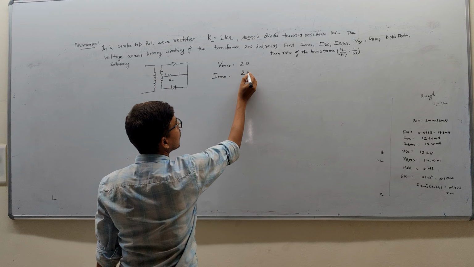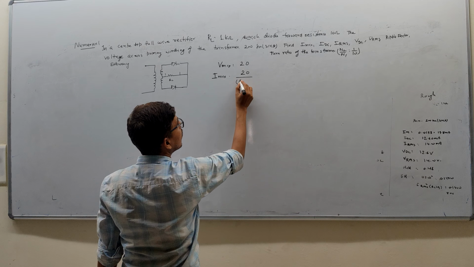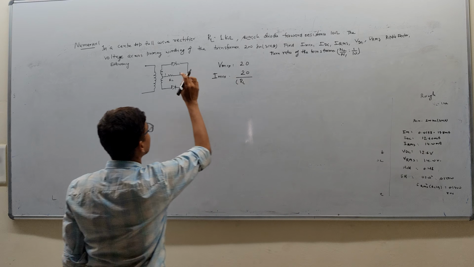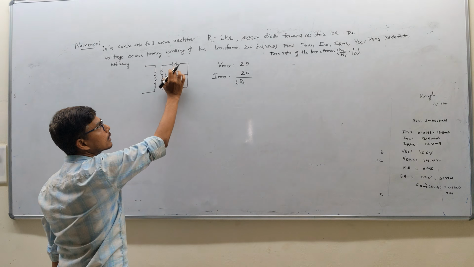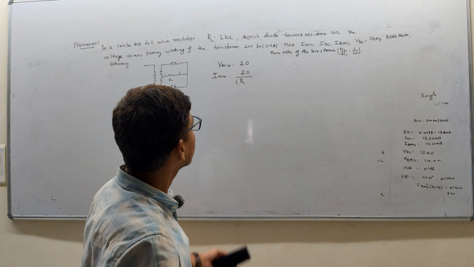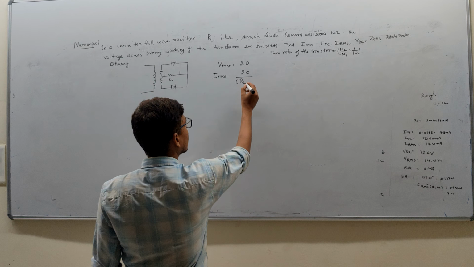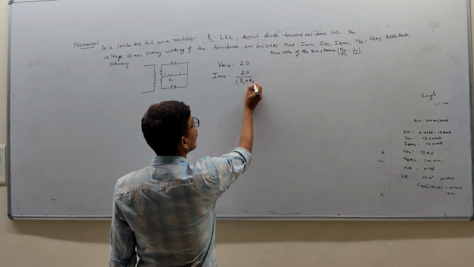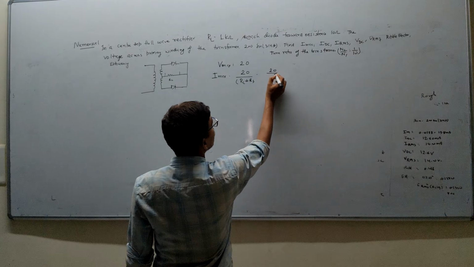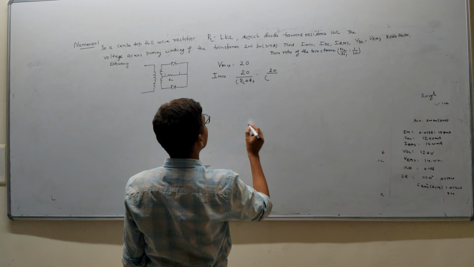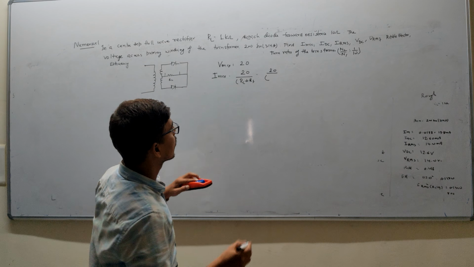Now Imax is maximum voltage upon resistance. If you write only RL, that means you are neglecting the diode forward resistance, assuming the diode to be ideal. We can neglect it, but I am including it since it is given.